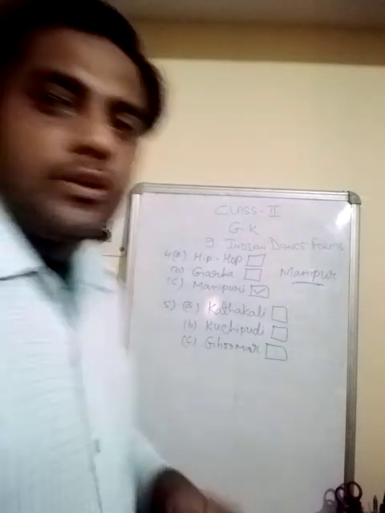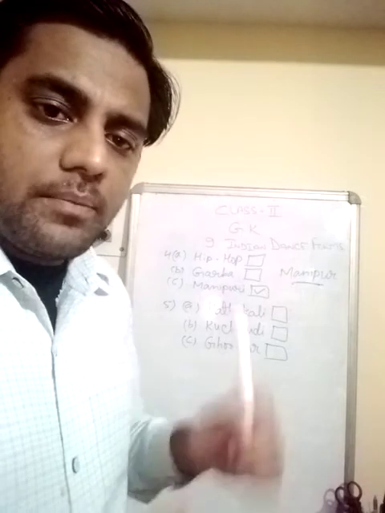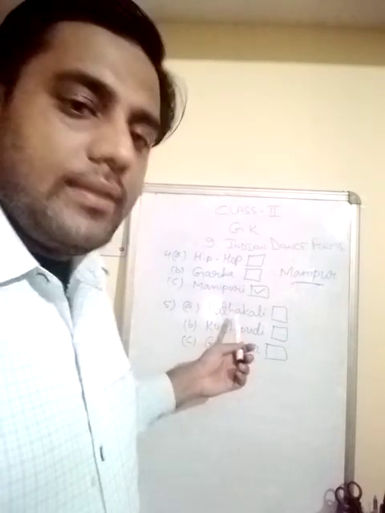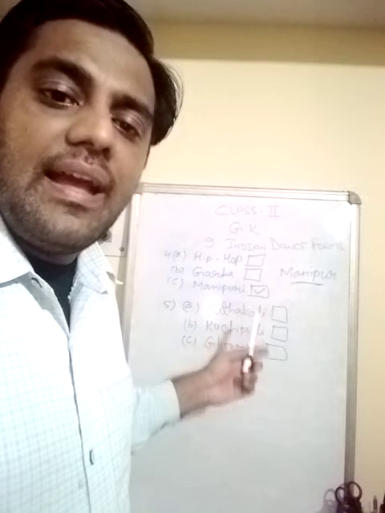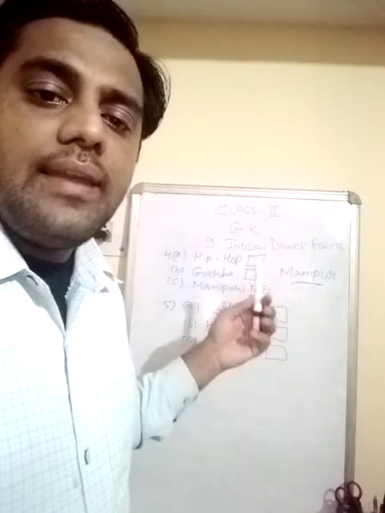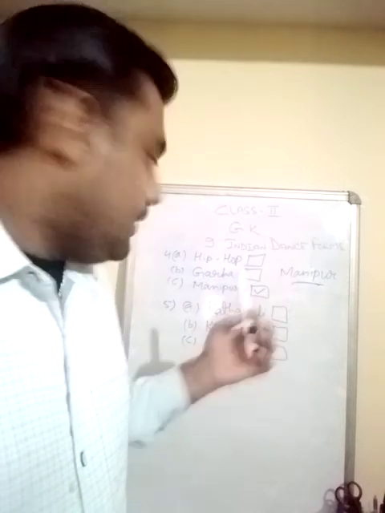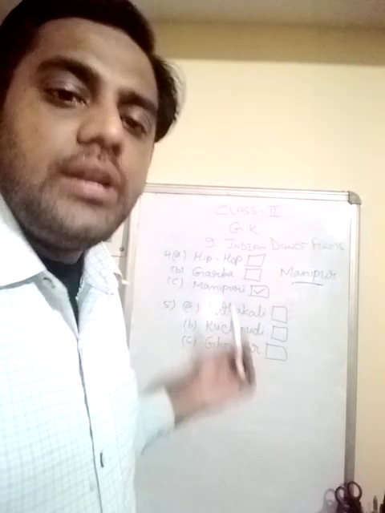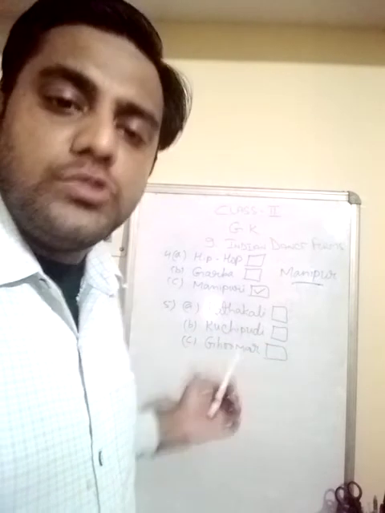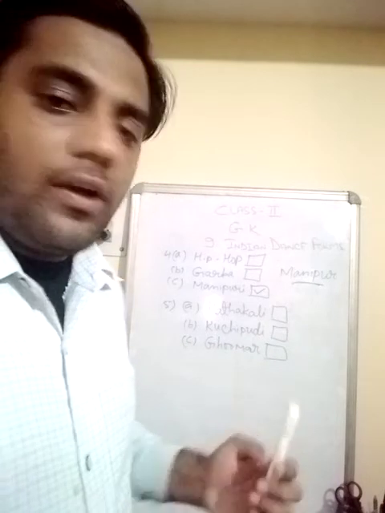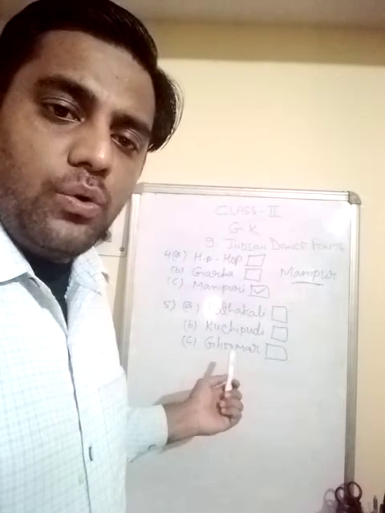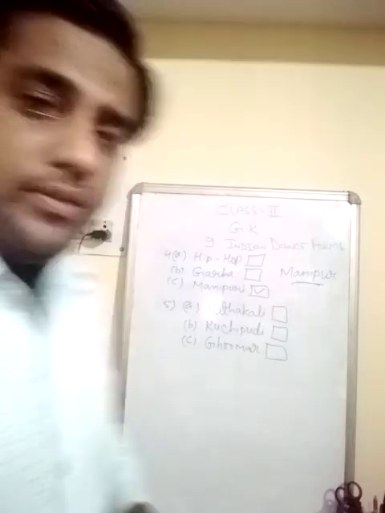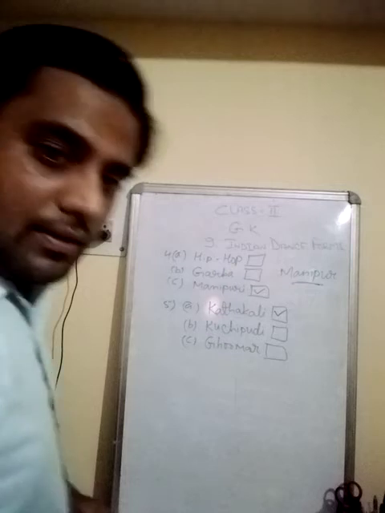So what are your three options for pick number 5? First one is Kathakali, Kuchipudi, and the third option is Ghumar. The correct option for this pick is option A, Kathakali.